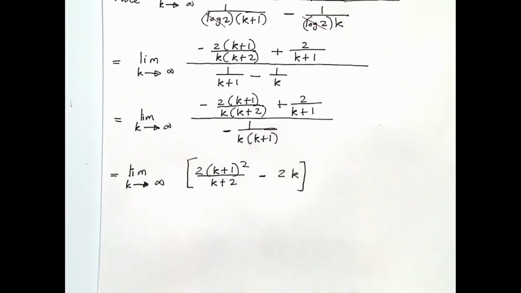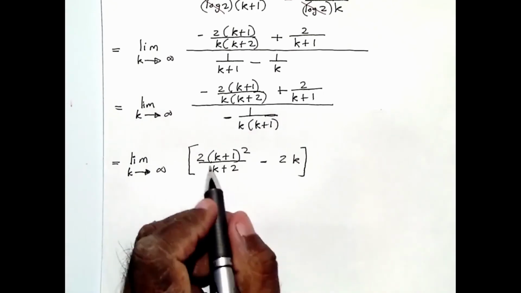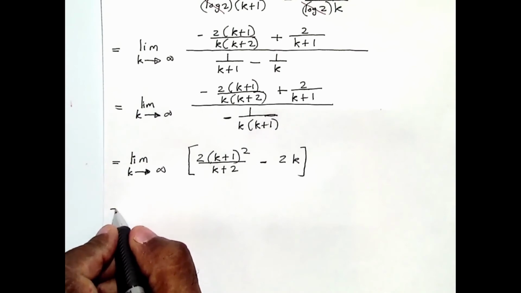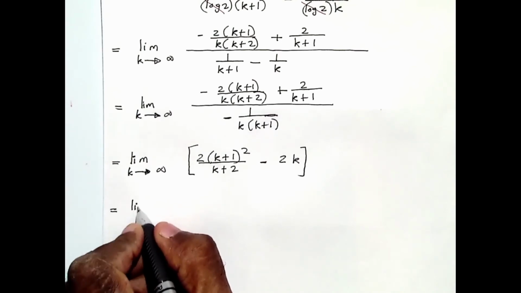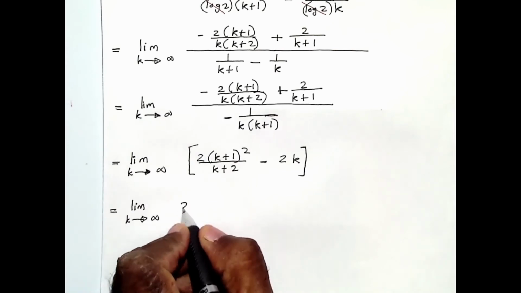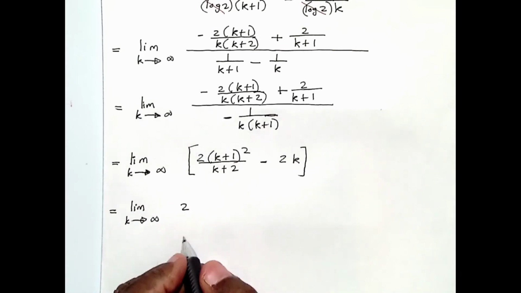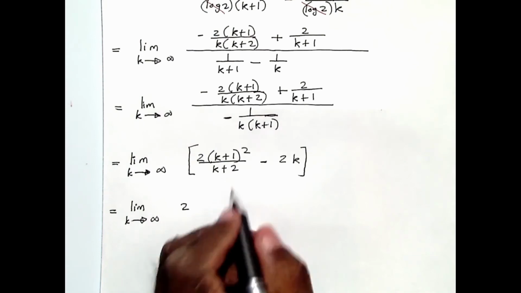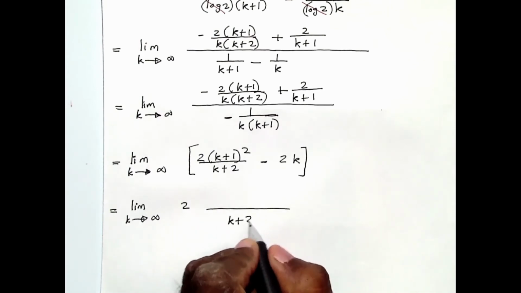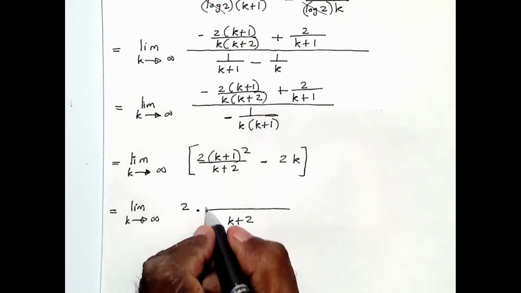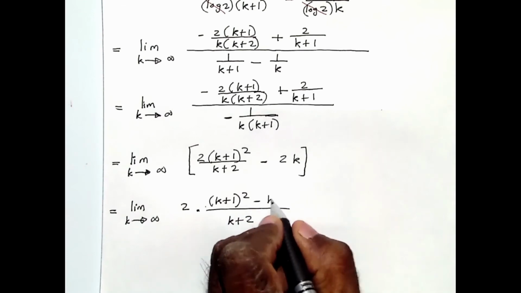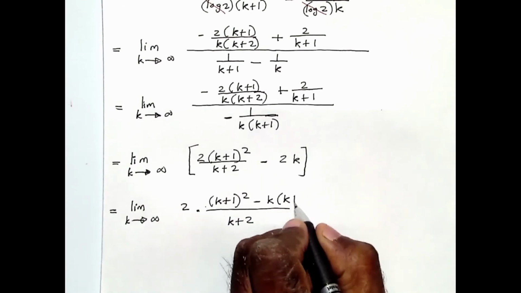All right, now you can pull out the 2 as a common factor. So this becomes 2 outside. Now I'm going to use k plus 2 as a common factor in the denominator. So that means you get k plus 1 squared minus k times k plus 2.